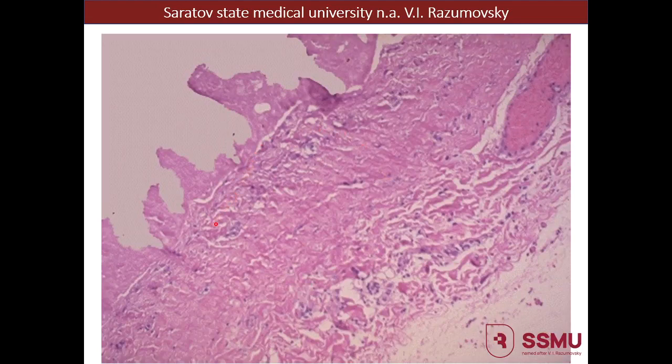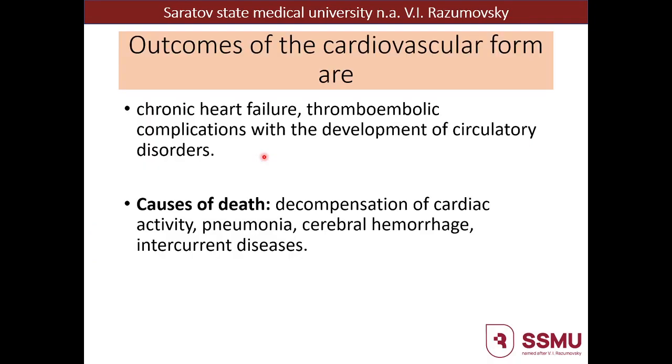Histologically, we may see the wall of the heart, its myocardium, and on the external surface of the myocardium, we may see formation of fibrinoid fibrils here, fibrin fibrils here. Outcomes of the cardiovascular form are associated with formation of chronic heart failure and thromboembolic complications with the development of circulatory disorders.